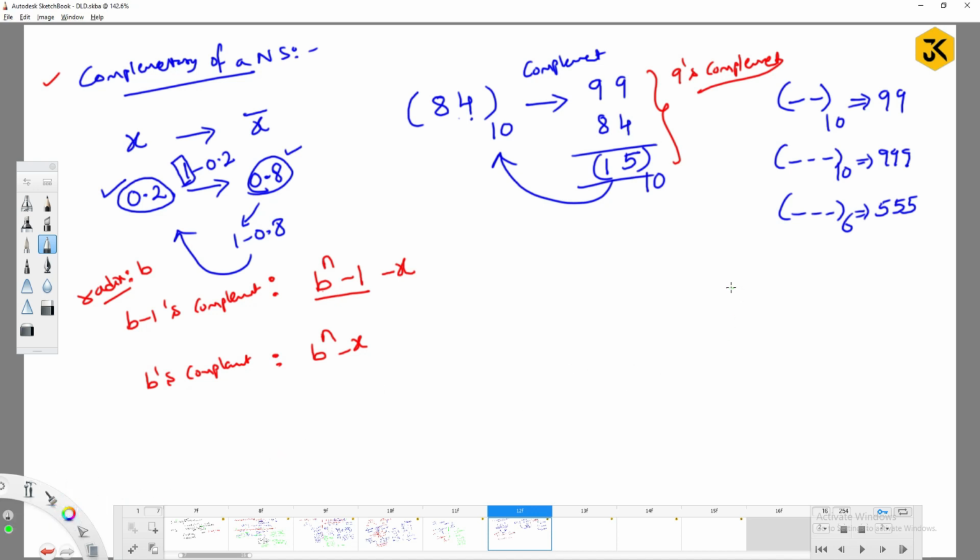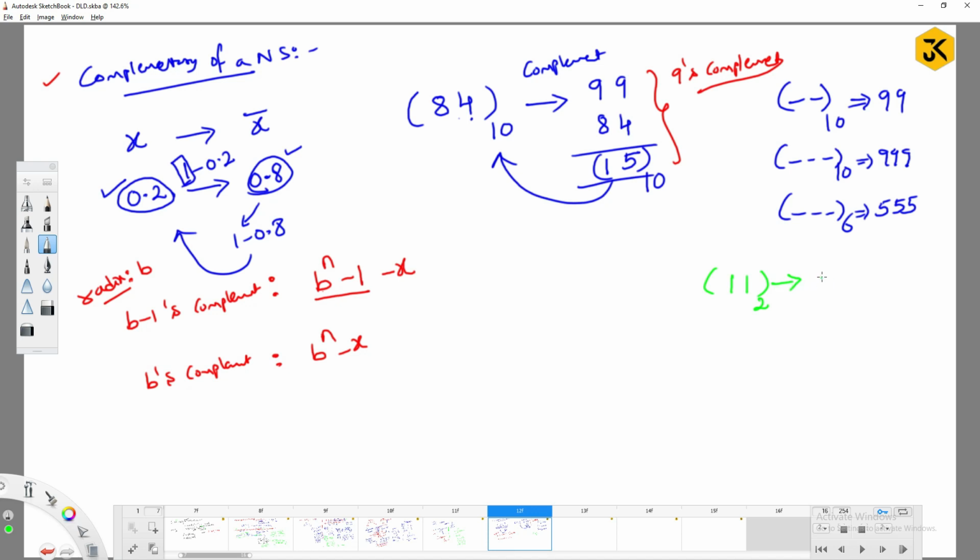If I have a number like 1 1 base 2, meaning it's a binary number, what is the complement of 1 1? Basically, you can write the 1's complement and the 2's complement. 1's complement means exchanging ones with zeros and zeros with ones.